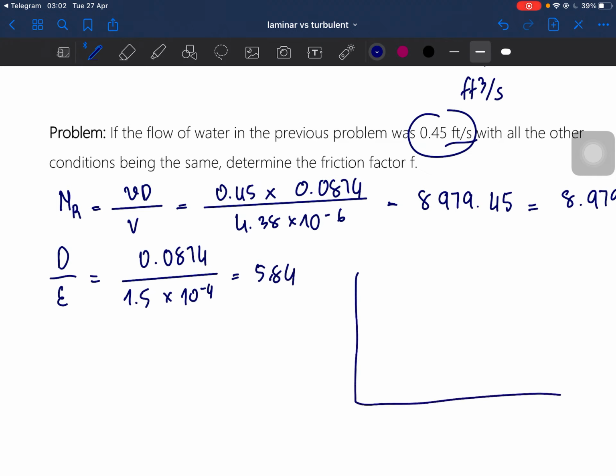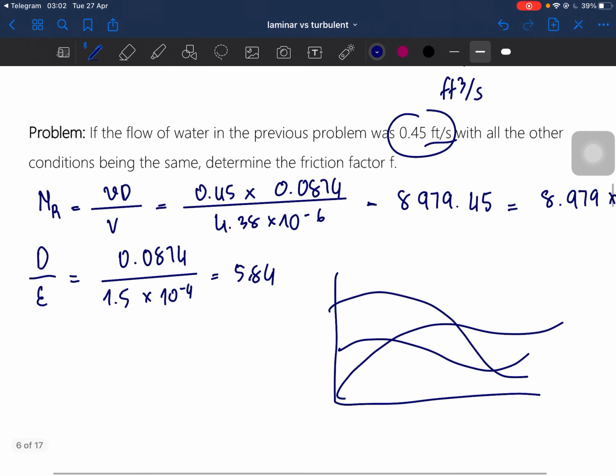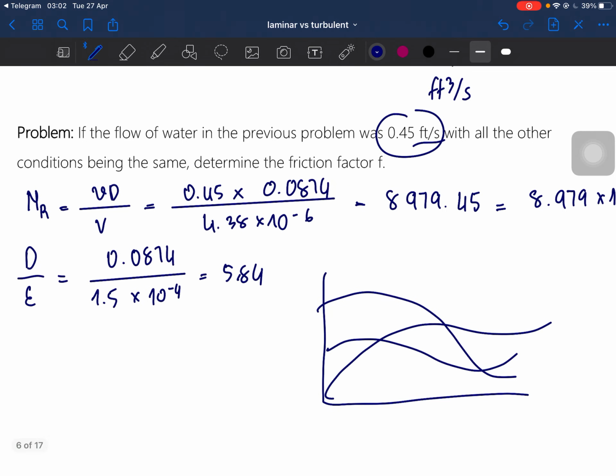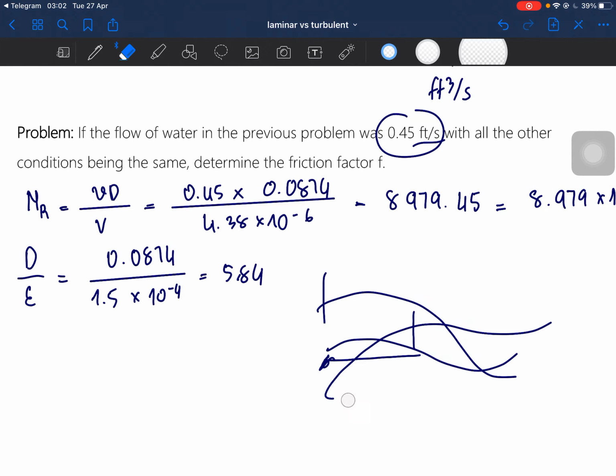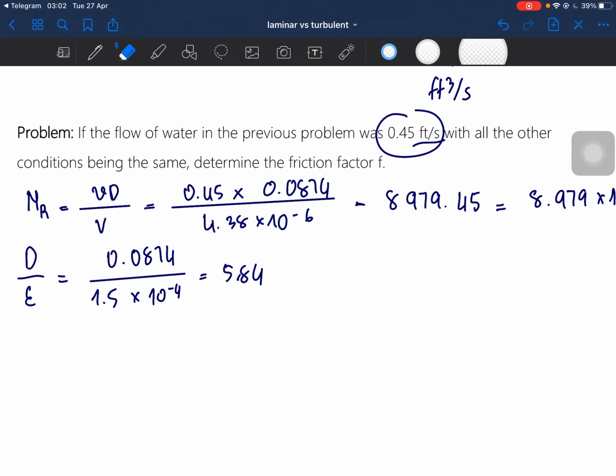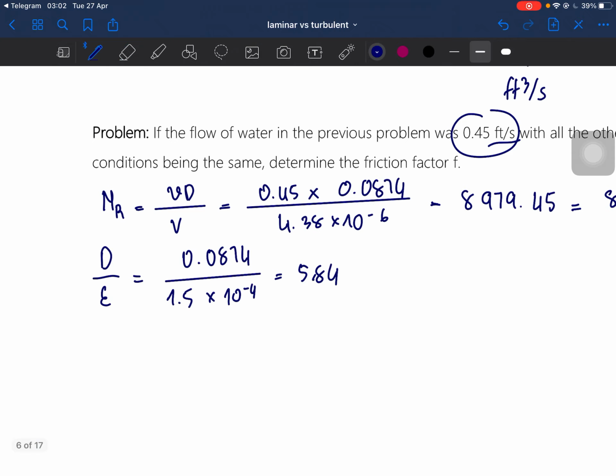So in the Moody diagram, you can see that the curved portion, you drop down here, and then you project it somewhere. It's around here. So let me read the Moody diagram on another screen, the imaginary screen.